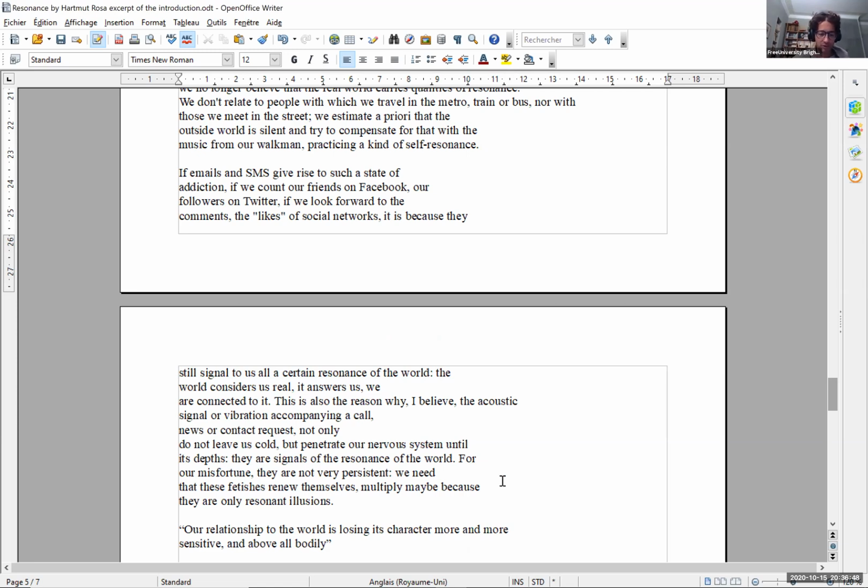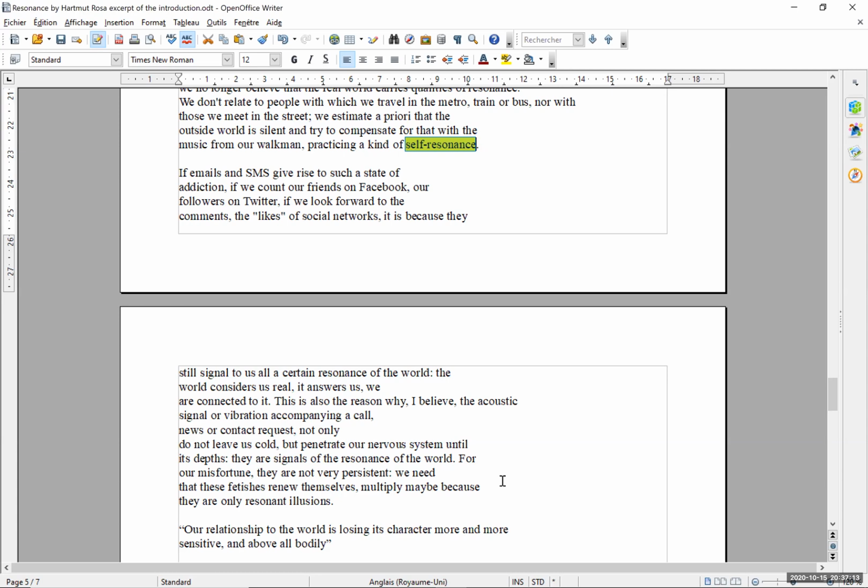Continue, please. Last paragraph. If emails and SMS give rise to such a state of addiction, if we count our friends on Facebook, our followers on Twitter, if we look forward to the comments, the likes of social networks, it is because they still signal to us a certain resonance of the world. The world considers us real. It answers us, we are connected to it.